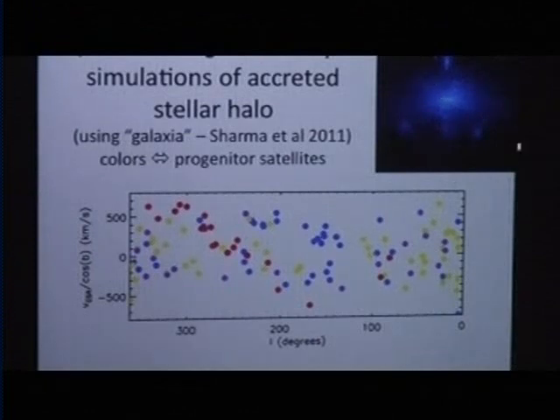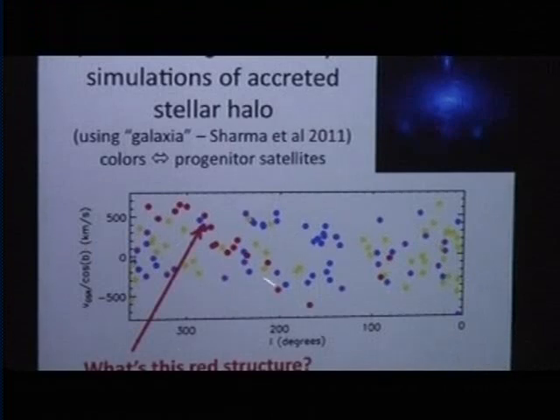We're not going to see vast streams and things like that because they're on a different scale. So if I make a plot like the one that I just showed you, velocity along our line of sight relative to the sun as a function of galactic longitude, and then I color code the points that I observe in my simulation according to the satellite from which they came, then we can say, well, look, there's a sequence of red stars that's perhaps reminiscent of these observations.